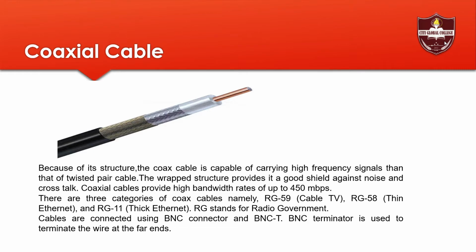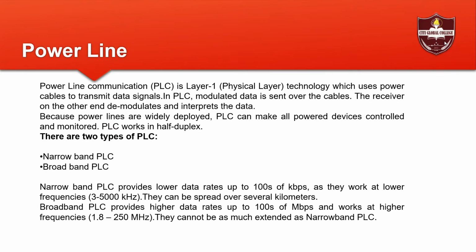There are three categories of coax cables, namely RG59, or the cable TV, RG58, the thin Ethernet, and the RG11, or the thick Ethernet. RG stands for Radio Government. Cables are connected using BNC connector and BNC-T. BNC terminator is used to terminate the wire at the far ends.